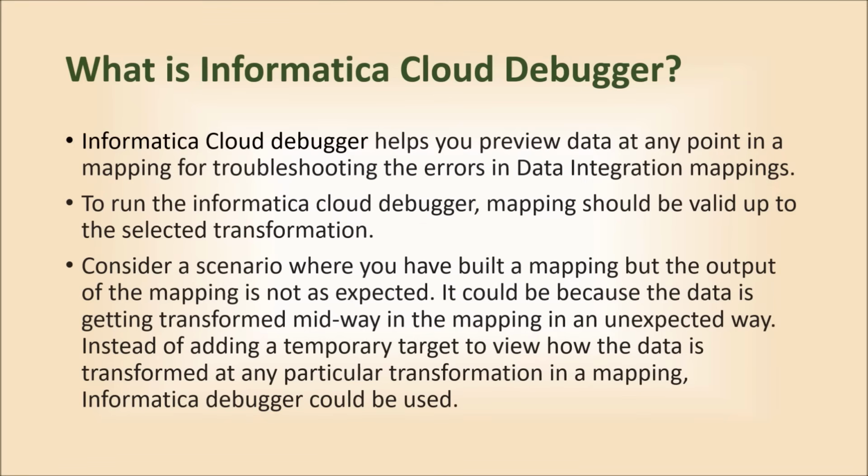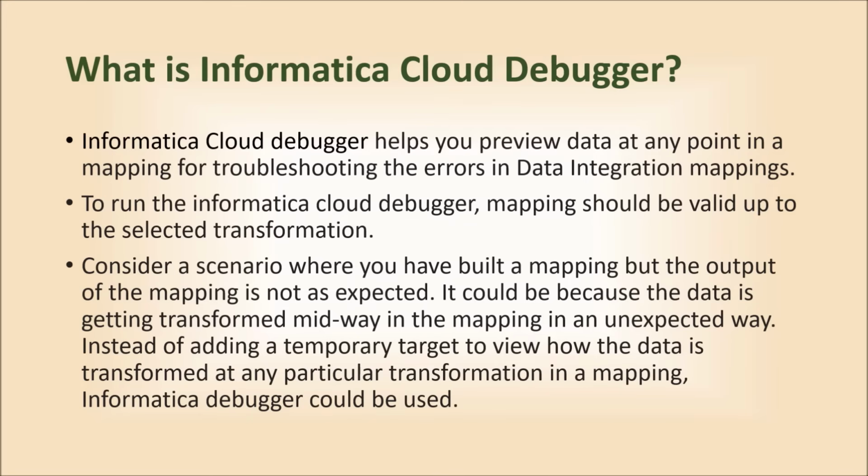Consider a scenario. Suppose I have built a mapping, but the output of the mapping is not as I expected. So I want to check my transformation logic where the data is not processing correctly.